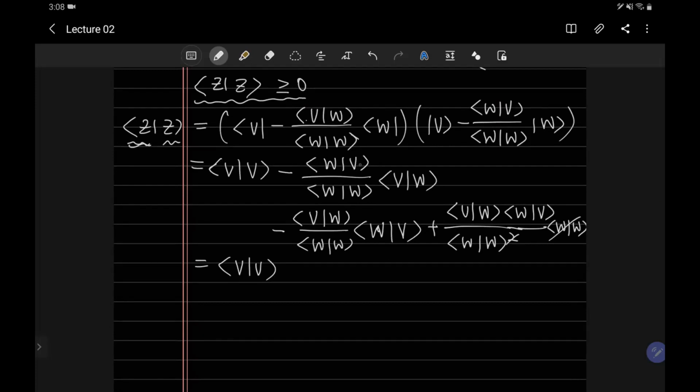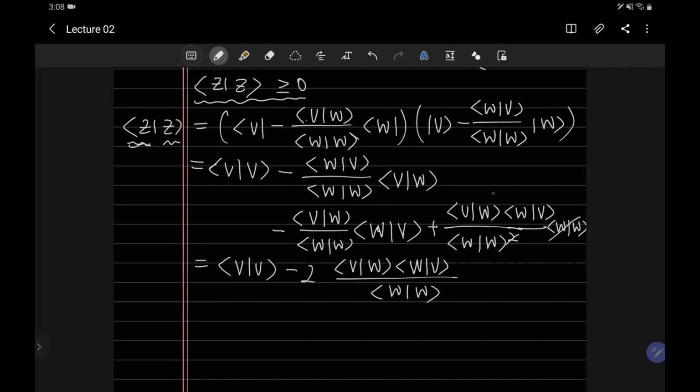So even though the order is different, we can just swap the order, which means that this term and this term have the same value. So it is twice VW multiplied by WV over WW.